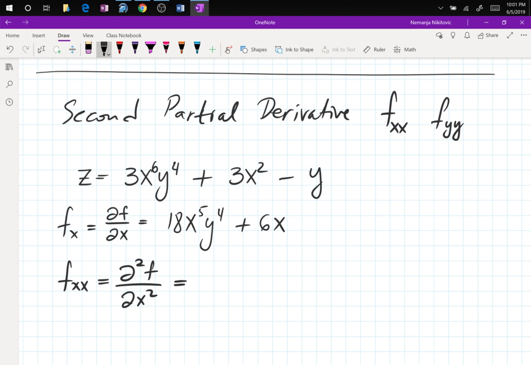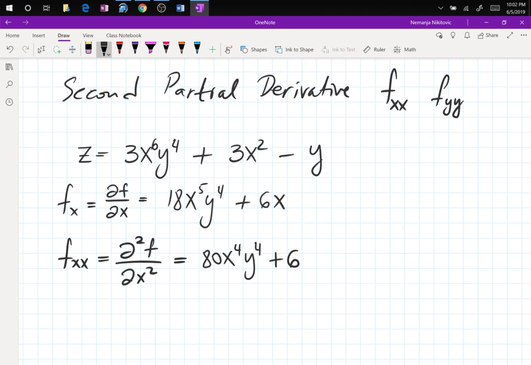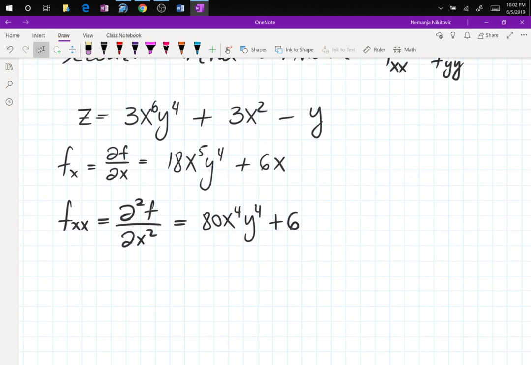That's 90. x to the 4, y to the 4, plus 6. So we are able to obtain the partial derivative and then the second partial derivative by taking the derivative of the first derivative.